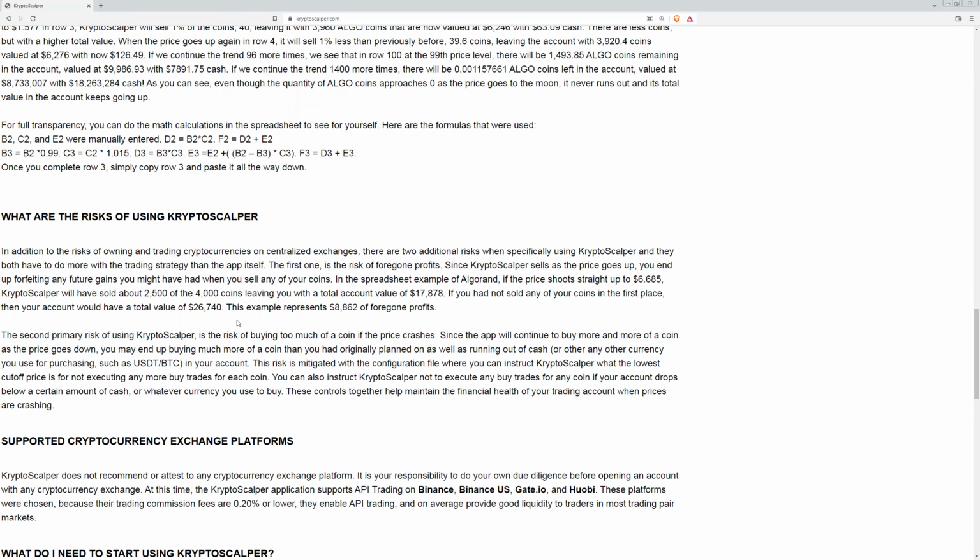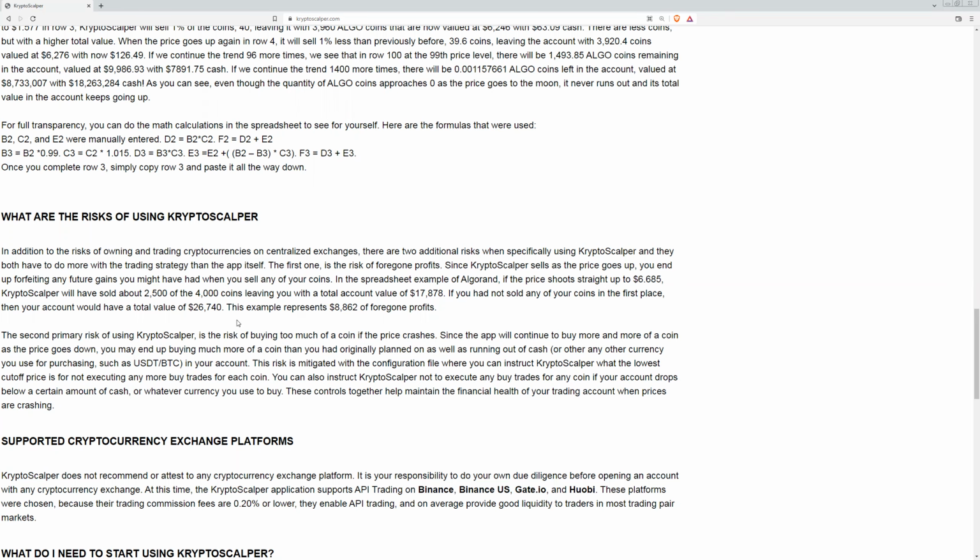The other risk is the opposite effect when prices crash. When prices go down, KryptoScalper is going to keep buying and buying coins on the way down. So you run the risk of just buying too much of a coin in the event of a price crash. Now, KryptoScalper has some risk mitigation features, which lets you tell it at what price you do not want it to buy any more of a coin.